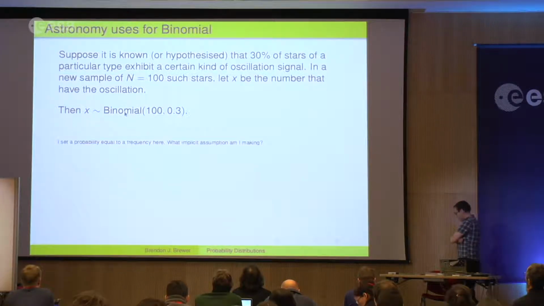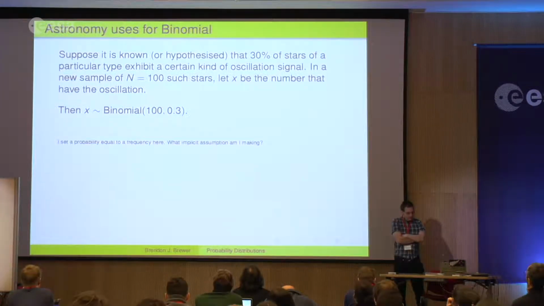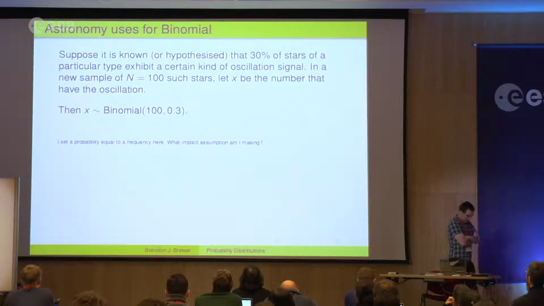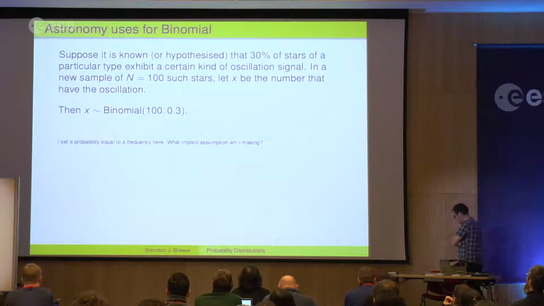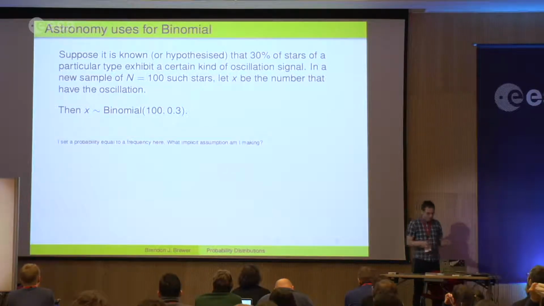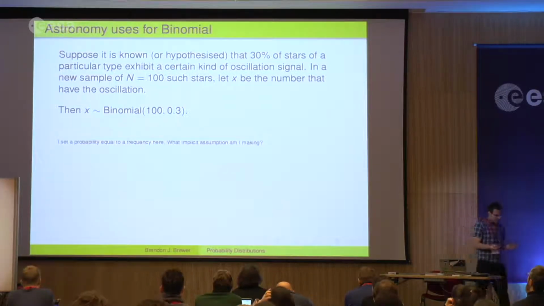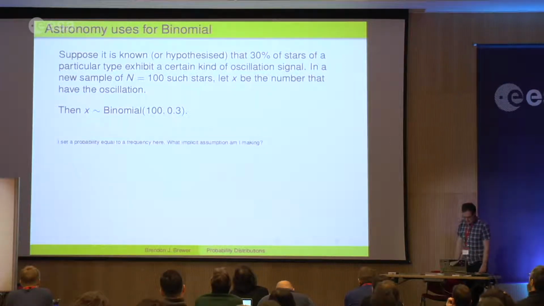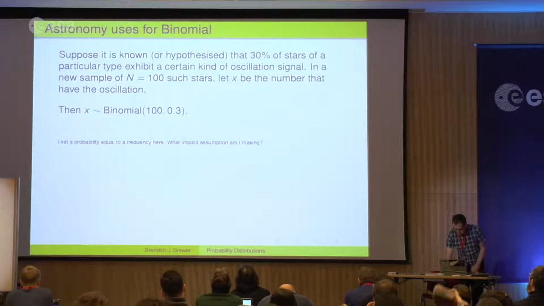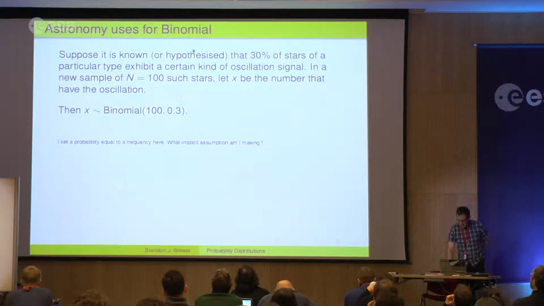The binomial distribution: here's an example where it might appear in astronomy. This is to do with the number of successes out of n trials of something with a constant success probability on each trial. Here's a little astronomy story I made up.